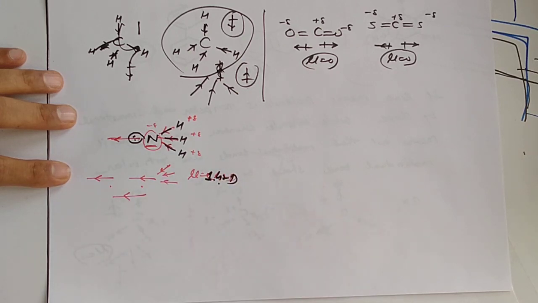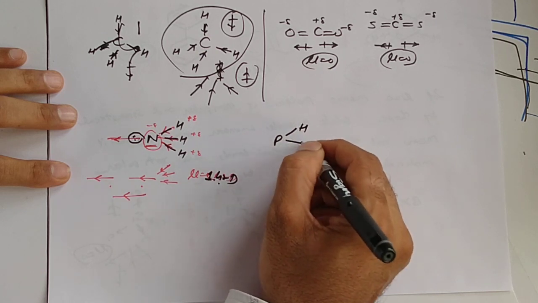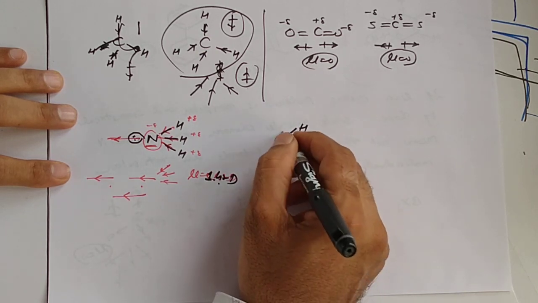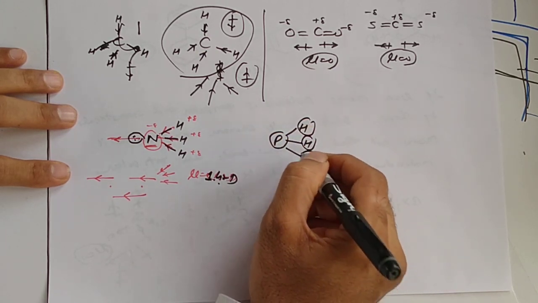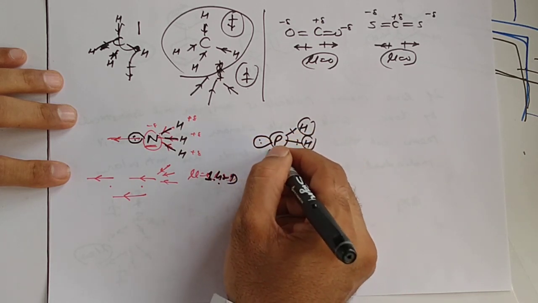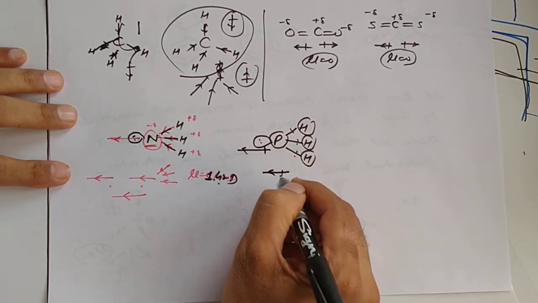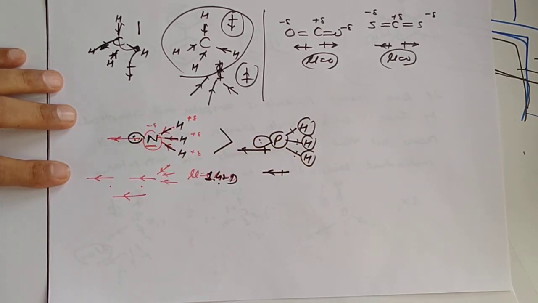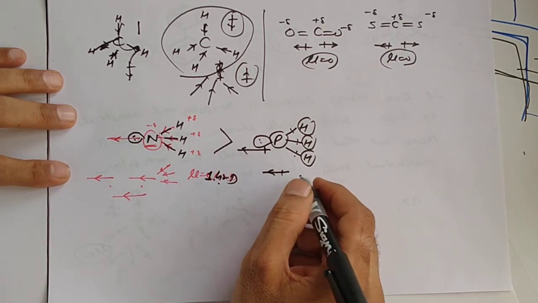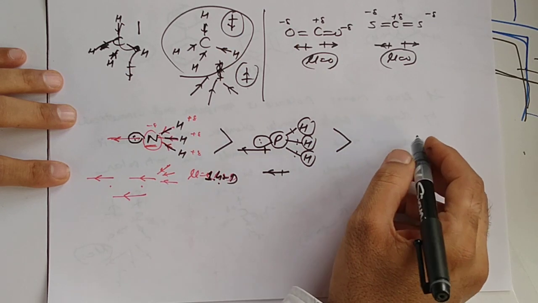In the case of PH3, the electronegativity of phosphorus and hydrogen are the same. All the three bonds are non-polar, but due to one lone pair, polarity occurs. So polarity is less than ammonia, very less, and very less in the case of NF3.